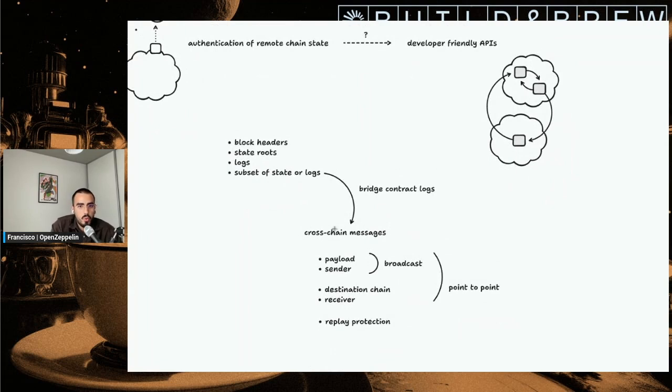Now, we have this primitive of chain state authentication, and we are building on top of that a messaging abstraction. And so our source contracts on the source chain are going to be able to send off messages, and they're going to be able to say, I want to send this message to this receiver. But something is missing here.